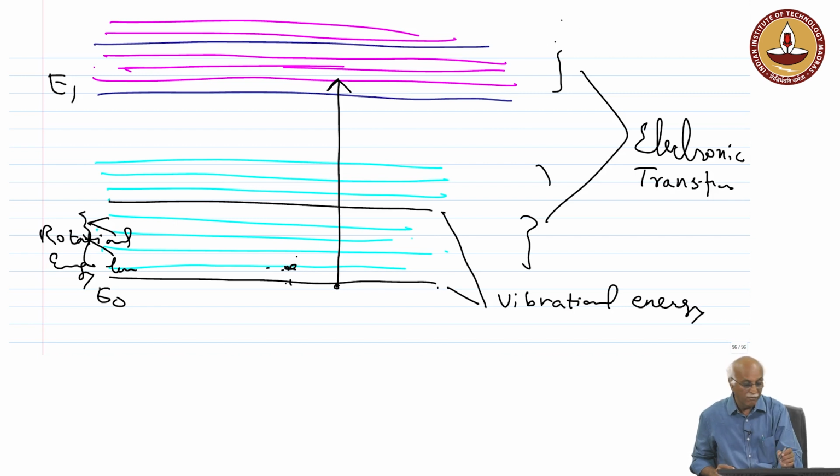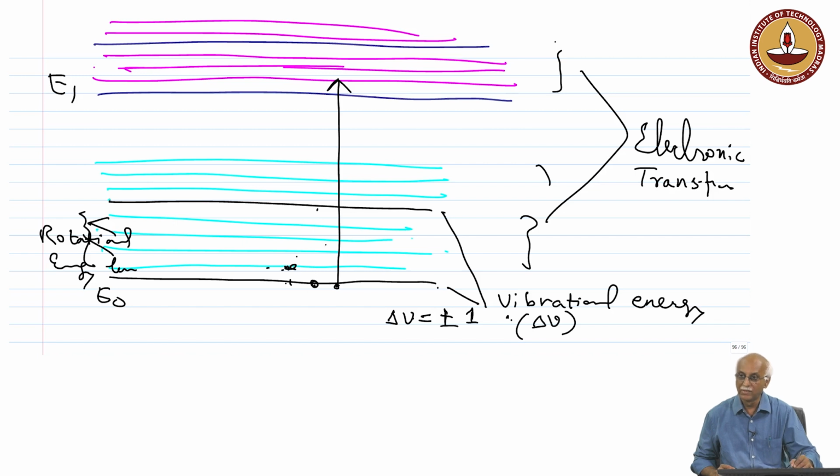So, if we consider vibrational transitions represented by delta nu, then this delta nu transition can take place plus or minus 1. It can go from this to this; the transition can take place.